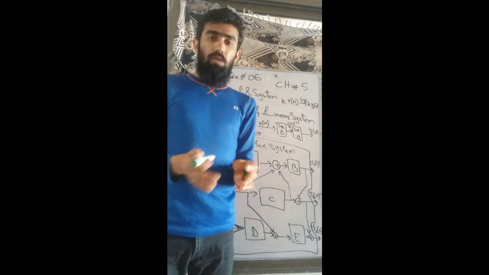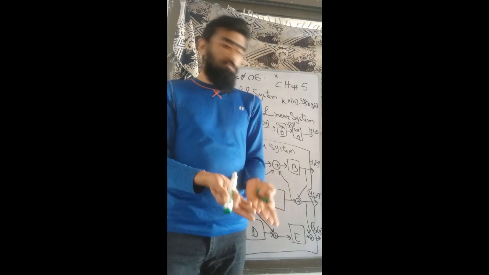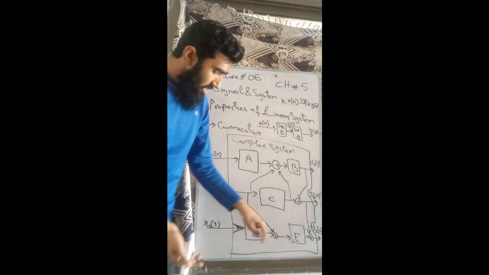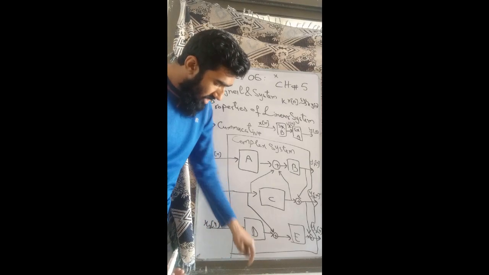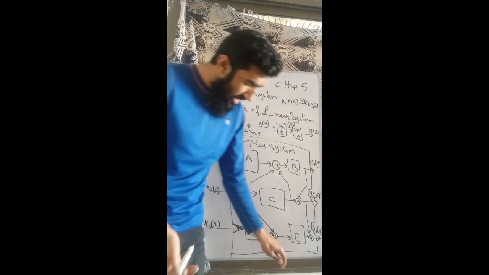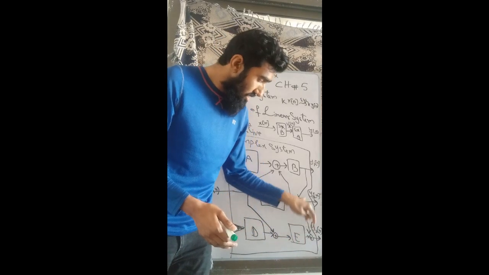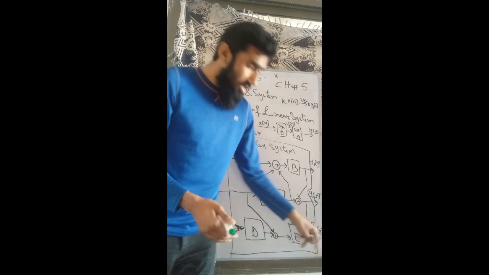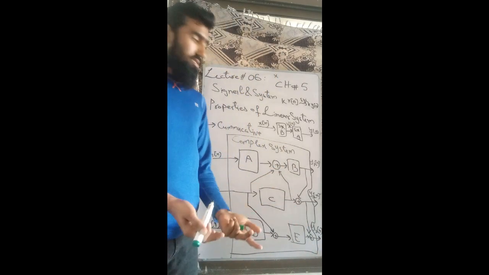If linear systems are summed together, their result is always a linear system. Here again, x3 of n passes through system D, and x2 of n is added here, not multiplied, and E again is added here, so the combination of all these systems is a linear system.